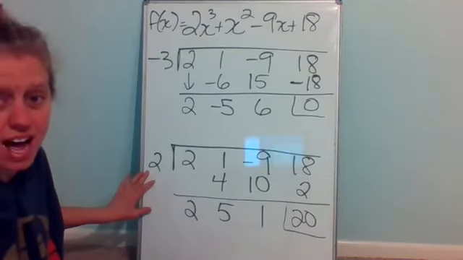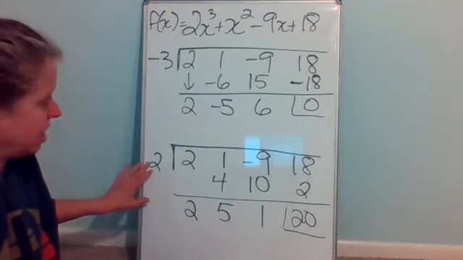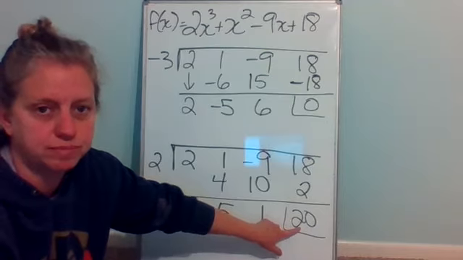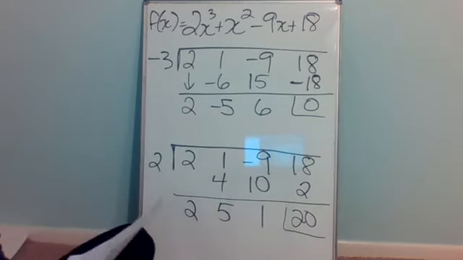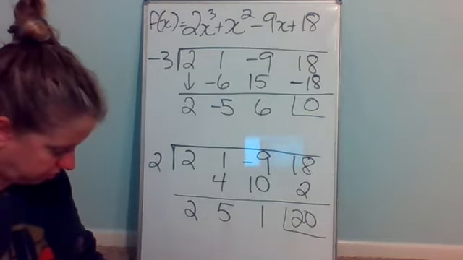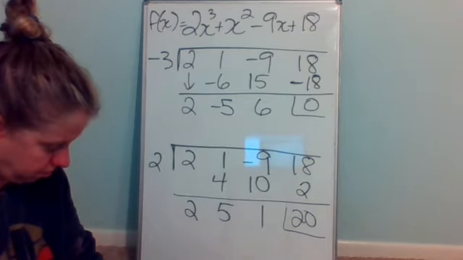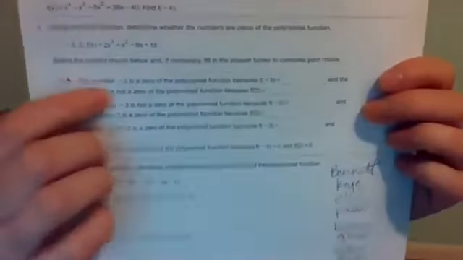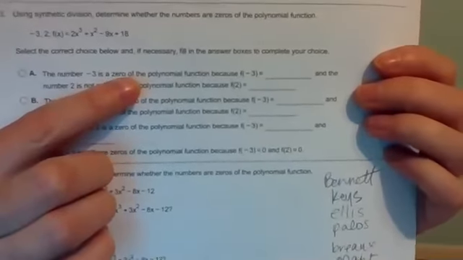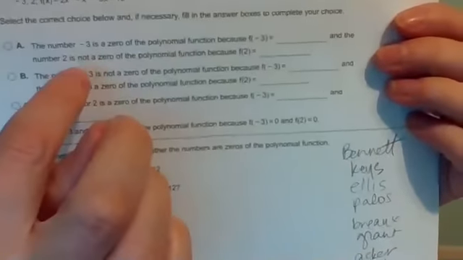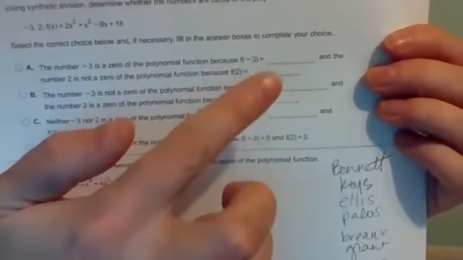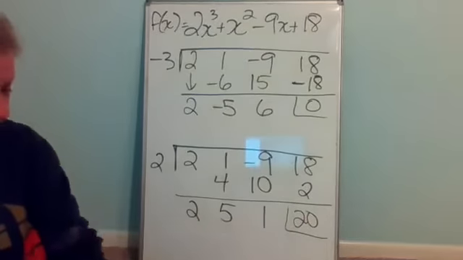So 2 is not a 0 because f of 2 is equal to 20. Which looks like it would be A in this situation, right? -3 is a 0 because f of -3 is 0. 2 is not a 0 because f of 2 was equal to 20.